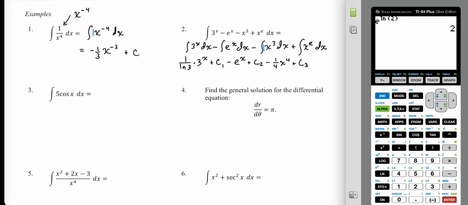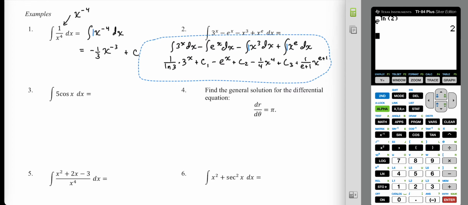So we have the understood coefficient of 1, so plus 1 over, if I increase e by 1, that's just going to be e plus 1. I mean, you could say it's about 3.718, but that's not as clean. So x to the e plus 1 over e plus 1, plus c sub 4.